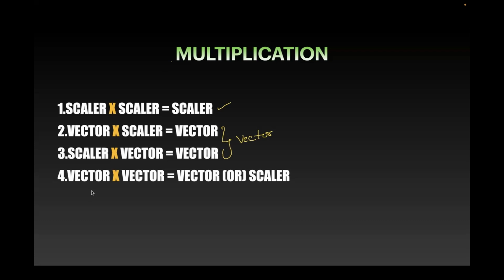This is quite interesting and will be dealt with in a separate topic called vector multiplication, which is a huge topic. I will deal with it in the later parts of vectors. As of now, we'll learn about these three only. Scalar and scalar, you get a scalar, that's not a problem. Vector and scalar, you are getting a vector.